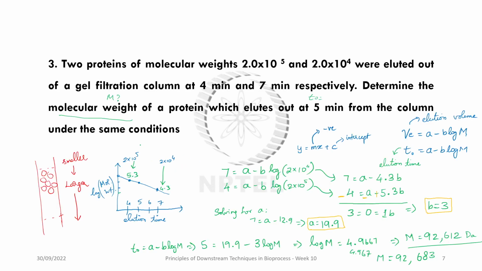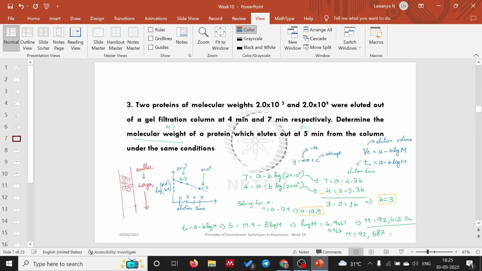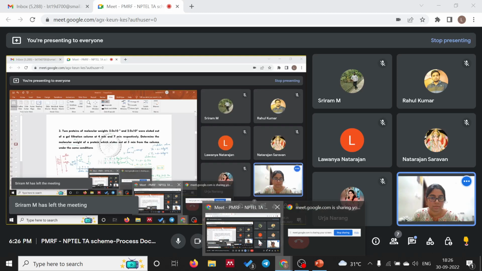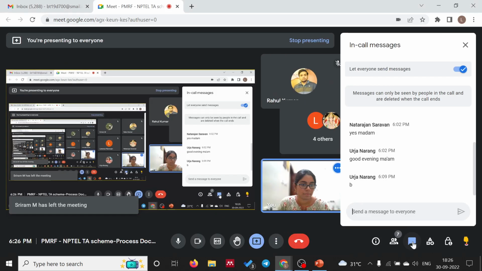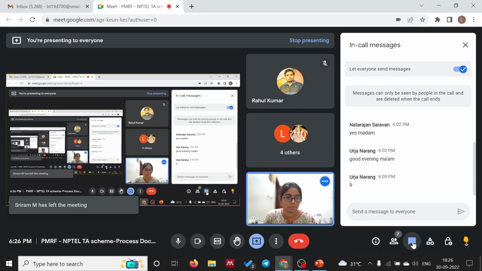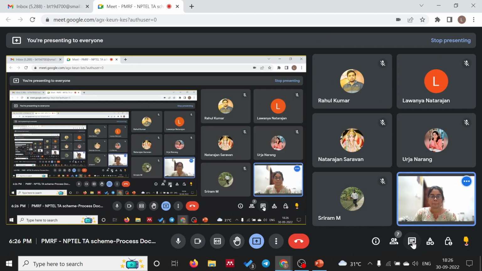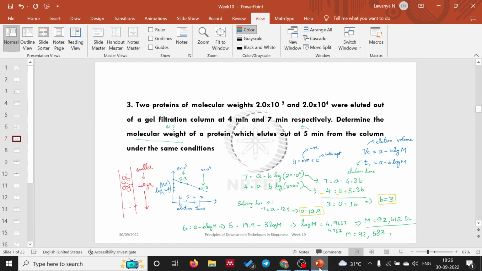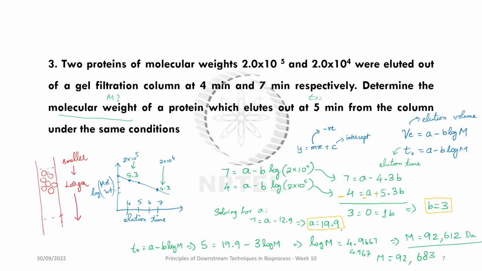What about you guys? Are you all with me? Can't see any reaction here. Was that clear? So I had multiple sixes here before 7.